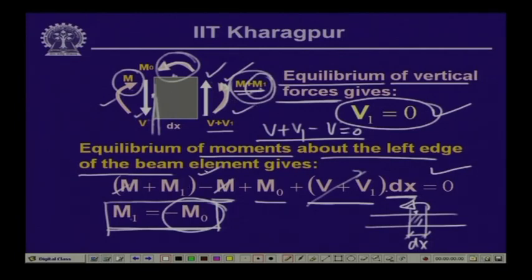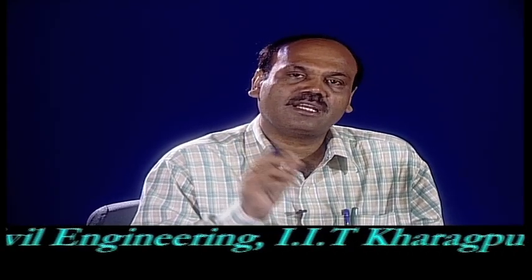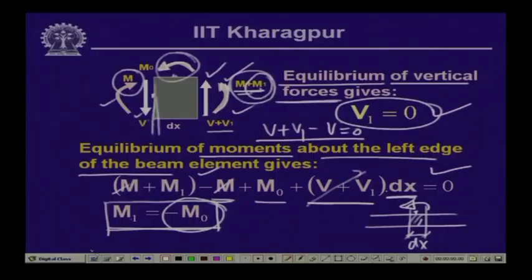So, at a point where we have a concentrated moment, there is no change in the shear force from the left to the right of it, whereas the bending moment computed on the left gets modified by the amount of the concentrated moment immediately to the right. This is an important observation which will be necessary when we compute the shear force and bending moment along the length of the member, and that is what we will look into now through the examples.